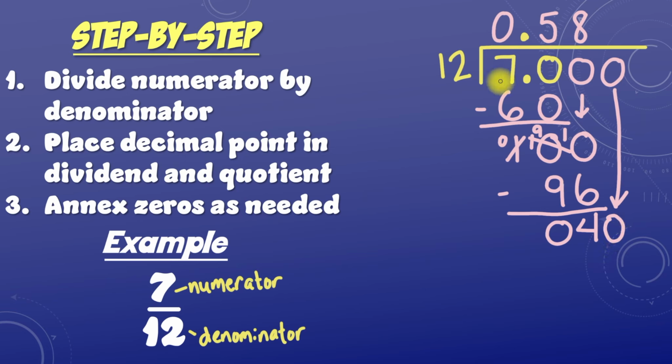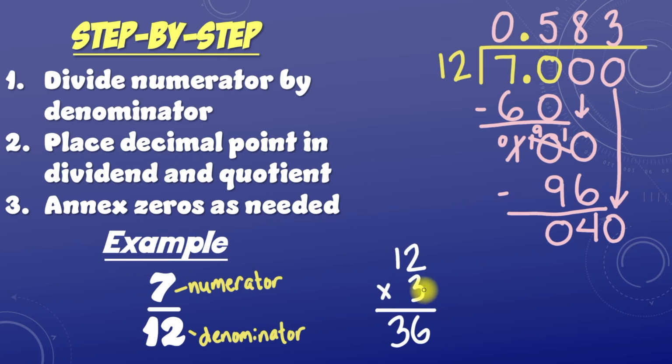How many times can 12 go into 40? Well, that's 3. So I'll write a 3 over here and then multiply 3 times 12 to find out what that will be. In case you're unsure, let's do a little work on the side. 3 times 2 is 6. And 3 times 1 is 3.